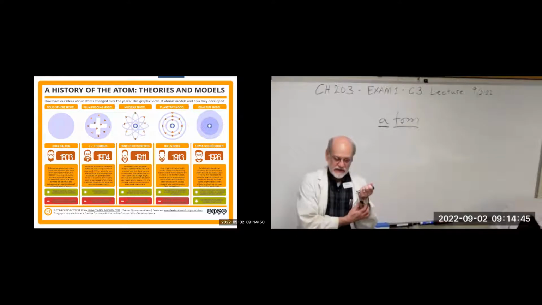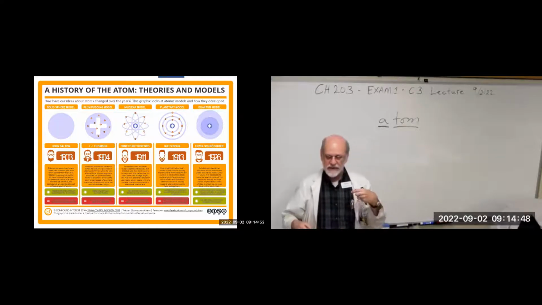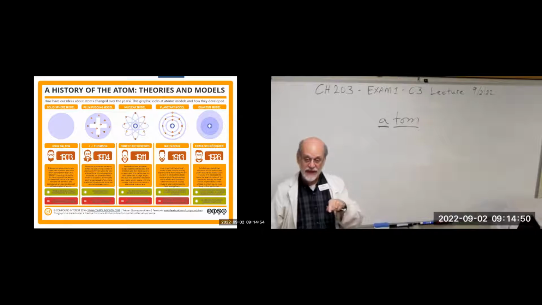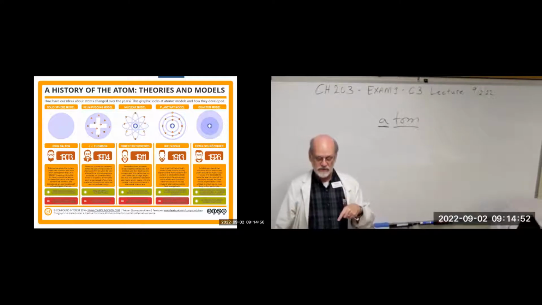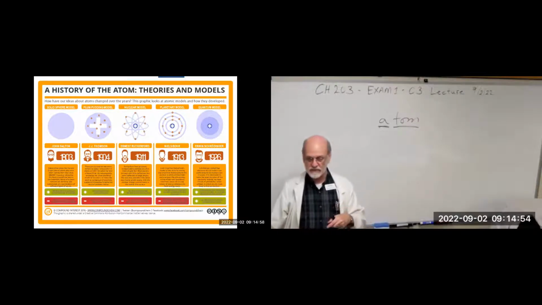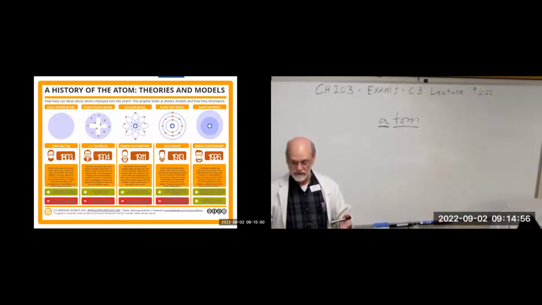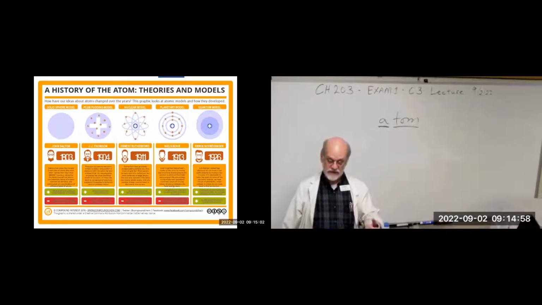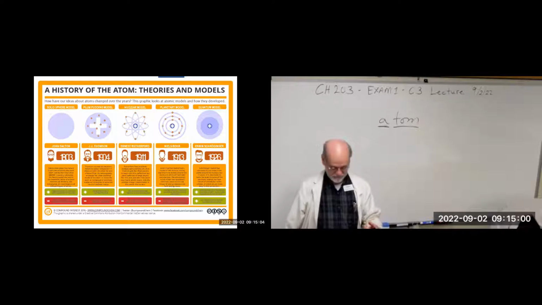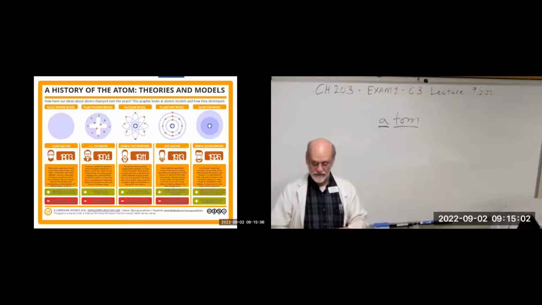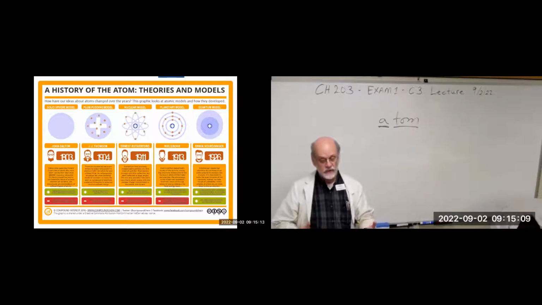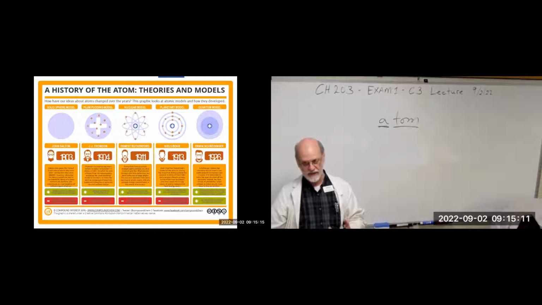And he said that the negative charge originated in the atom, which was kind of an earth-shaking proposal, because if the negative charge originated in the atom, that means that there was more to the atom than what you could see on the surface. And if the negative particles came from the atom, then there also had to be positive particles in the atom, because atoms were neutral. They knew that.